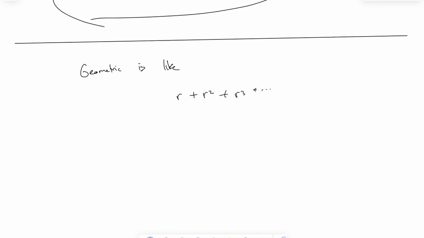There is an important variation, I suppose. It's not really variation, just another kind of series, and it's called the harmonic series. Unfortunately, you just have to remember these words. Geometric means powers of one number over and over again, the same number to different powers. The harmonic series is another important example, and it is this.